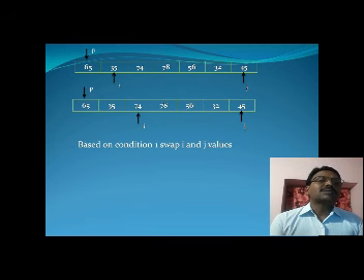In this case, both conditions fail for the i and j index values. Based on that, swap the i and j values.